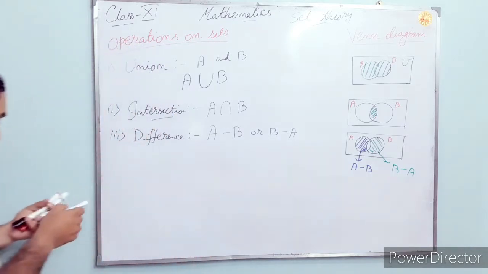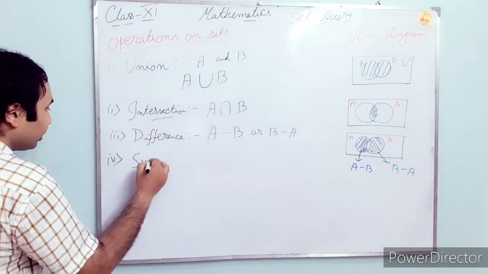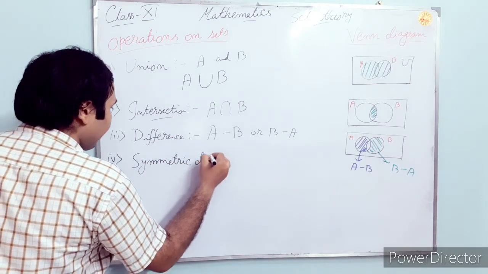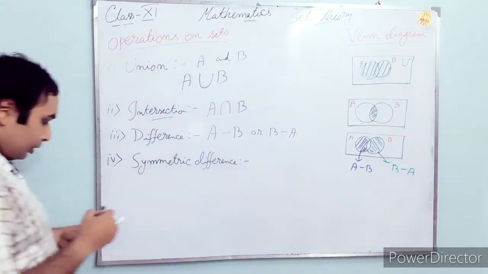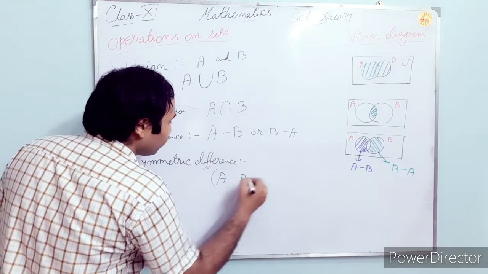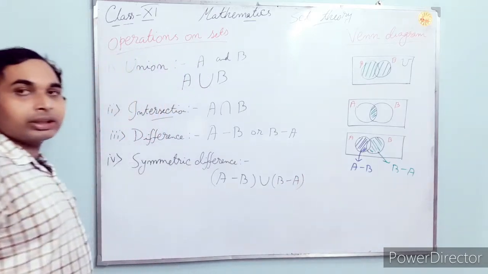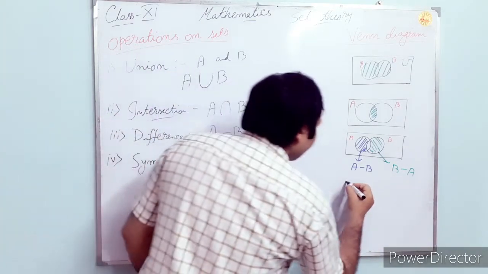And the last part, that is the symmetric difference. Symmetric difference is this one, A minus B union B minus A. Actually the same thing will be there.